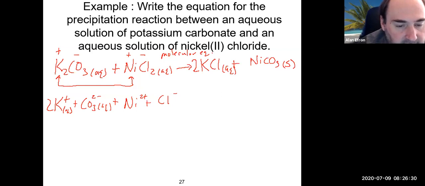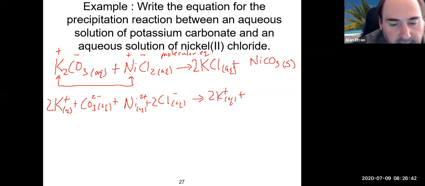The 2 for the chloride would come in front. Our 2 for the KCl would also get distributed. And remember that the solid here will stay together, and we would have NiCO3 solid.